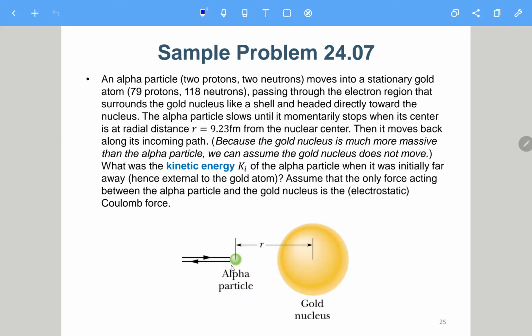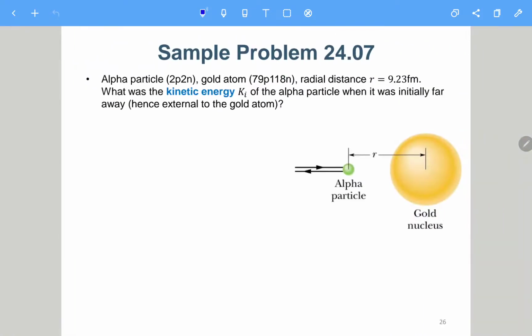So we can apply conservation of energy to solve this problem. The kinetic energy plus the potential energy is the total mechanical energy, and we assume there is no loss here.